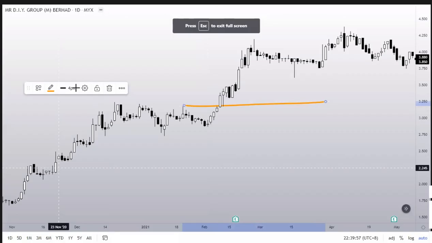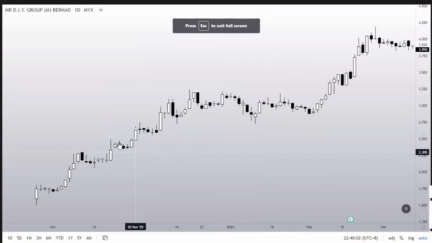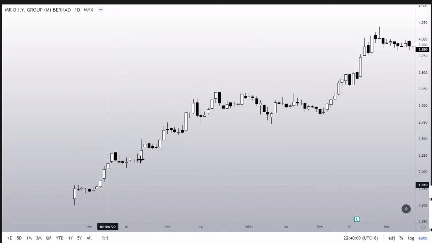Some sort of this area, that's called a pennant. Okay, it's basically a short-term pullback, a very short-term pullback.